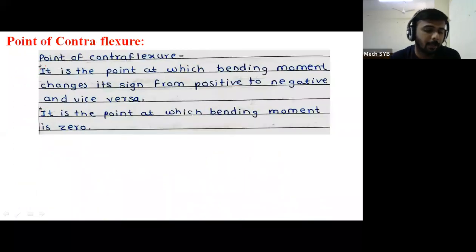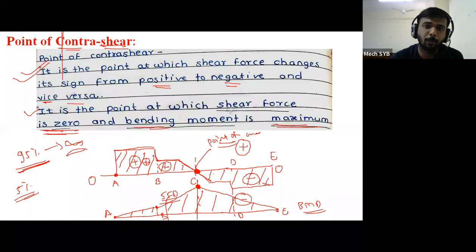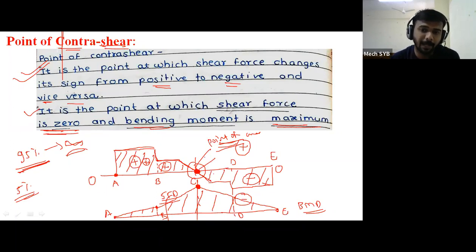Then second point of contra flexure. जसा हा पॉइंट ऑफ कॉन्ट्रा शिअर आपल्याला शिअर फोर्स डायग्राम मध्ये दिसतोय पहिल्यांदा. इनिशियली द पॉइंट ऑफ कॉन्ट्रा शिअर इज टोटली विजिबल इन द SF डायग्राम अँड देन वी हॅव टू चेक देअर इफेक्ट इन द बेंडिंग मुवमेंट डायग्राम. पहिल्यांदा आपल्याला हा पॉइंट कुठे मिळतोय तर शिअर फोर्स डायग्राम मध्येच मिळतोय आणि मग आपण त्याला खाली बेंडिंग मुवमेंट डायग्राम मध्ये चेक करतो की जिथं शिअर फोर्स 0 आलाय त्या ठिकाणी बेंडिंग मुवमेंटची व्हॅल्यू मॅक्सिमम आहे का नाही. 95% प्रॉब्लेम मध्ये it is satisfying, पण राहिले त्या 4 ते 5% प्रॉब्लेम मध्ये these both conditions are not satisfying.